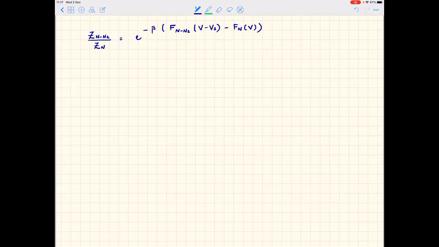Well, now I use the fact that N is much, much bigger than n1. And therefore, yes? I don't get the expression you just wrote. Well, this is related to the fact that Z is equal to e to the minus beta F, as we know. Oh, okay, thank you.